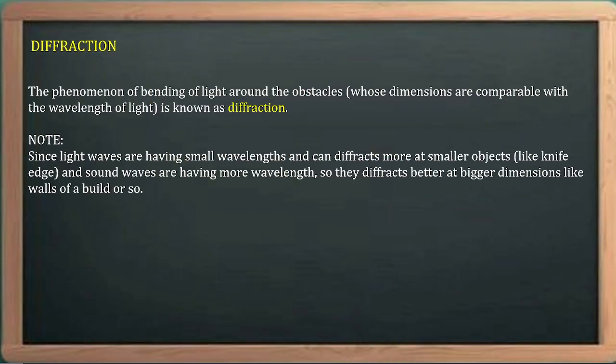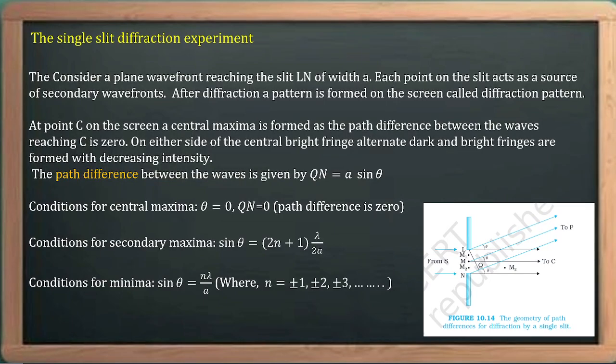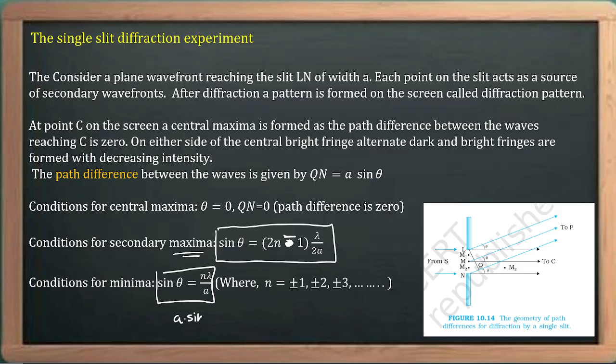Then we have the concept of diffraction, wherein you will learn diffraction at a single slit. There the conditions for minima and maxima are important. The condition for maxima is a sin theta is equal to (2n minus 1) lambda by 2, and the condition for minima is a sin theta is equal to n lambda.